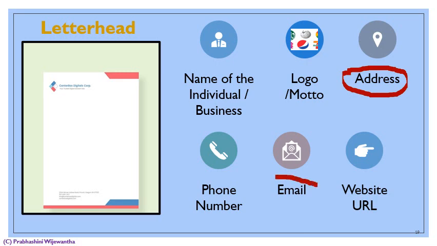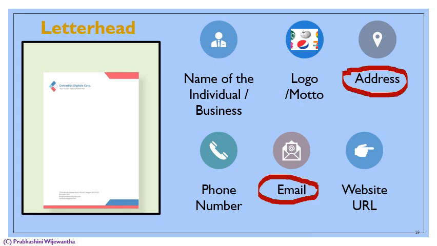And also the company corporate email. So since the letterhead includes the company corporate email, if you want the other person to send you an email, you may include your personal email address in the body of the letter.